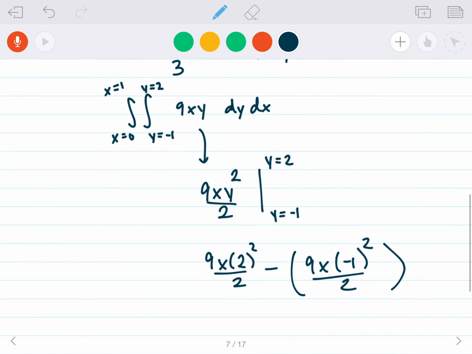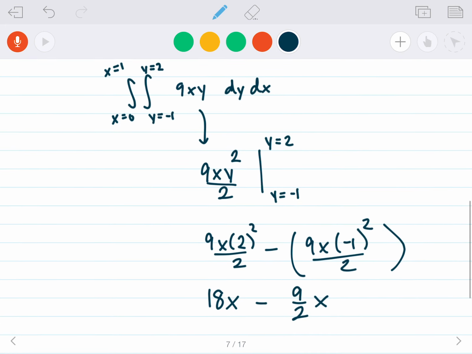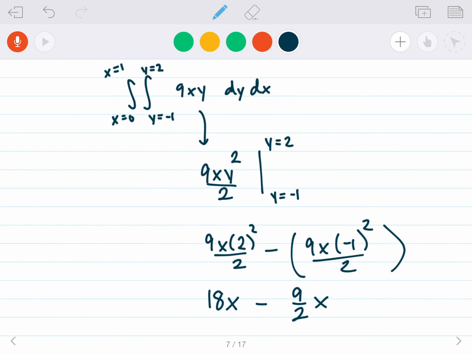Okay, so this is going to be, let's see, 18x minus, let's see, this is just going to be 9 halves x. And I believe that's it.